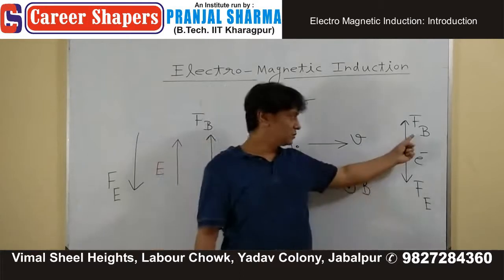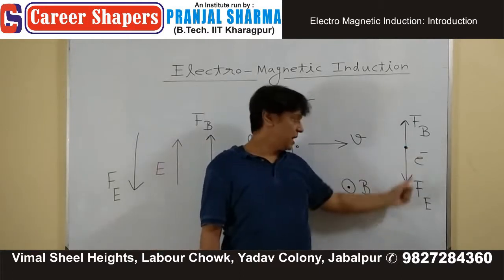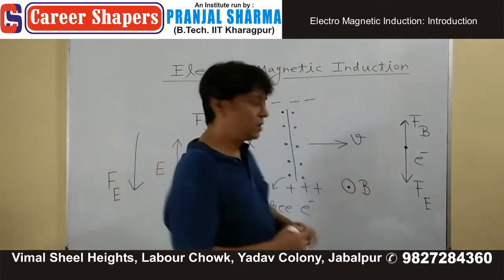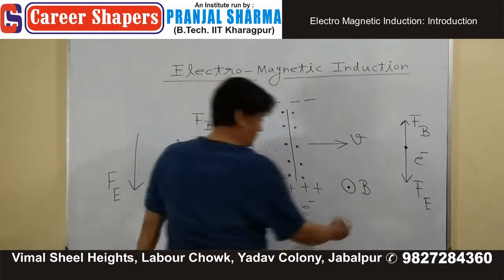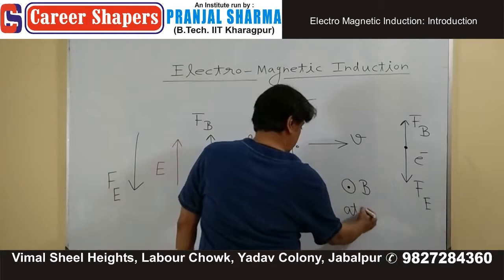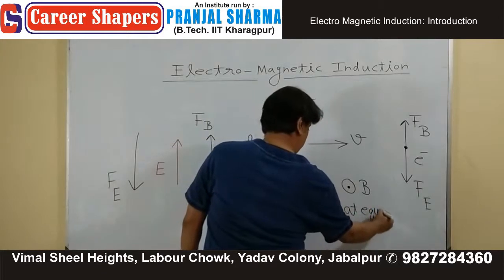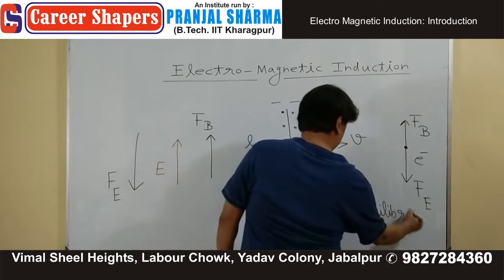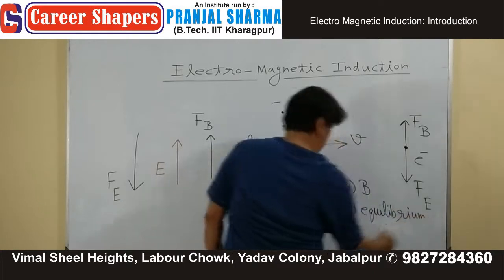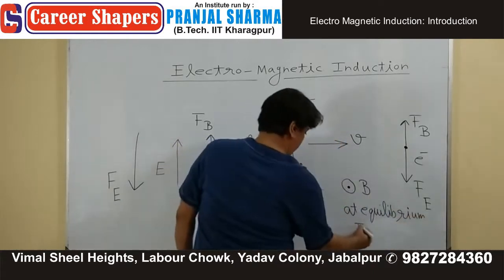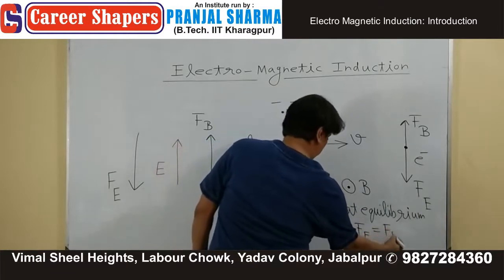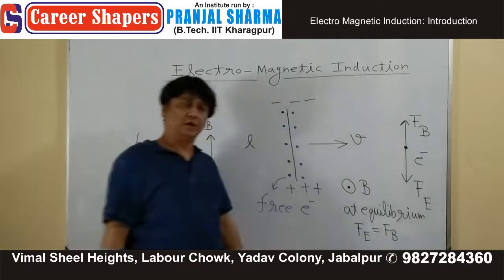Once this force of magnetic field and force of electric field are equal, we call it equilibrium. At equilibrium, force coming from electric field will be equal to force of magnetic field.